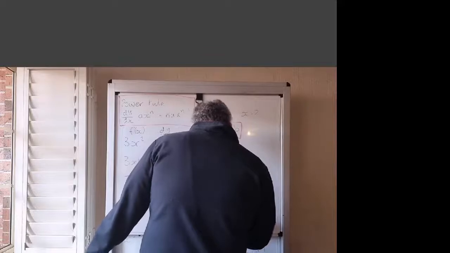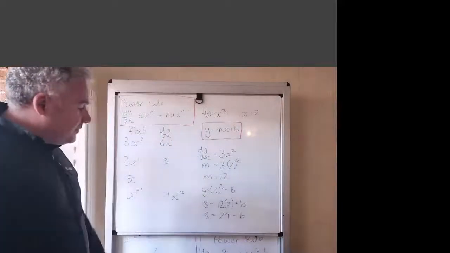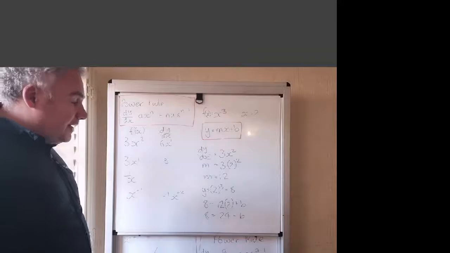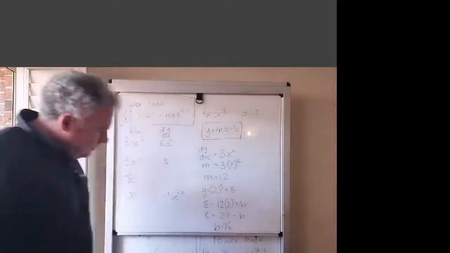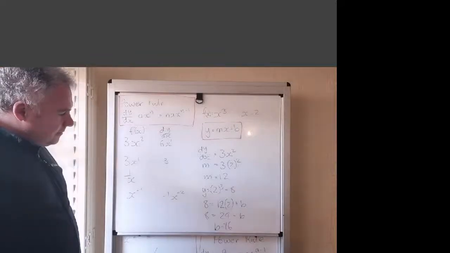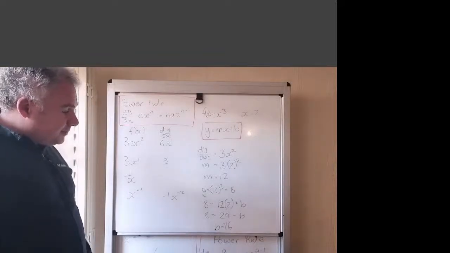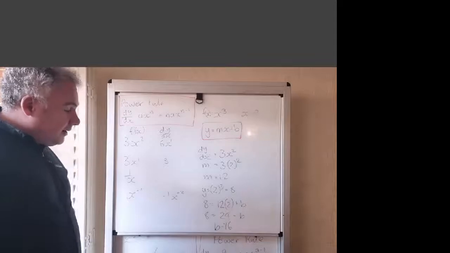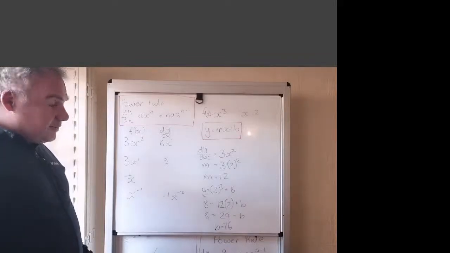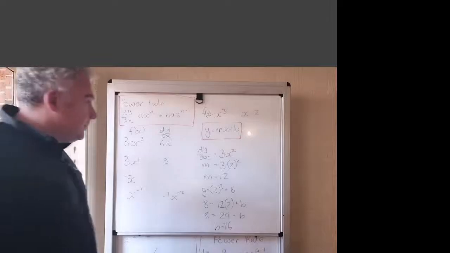So 8 equals 24 minus b. So with 8 equals 24 minus b, b equals negative 16. Okay, so y equals mx plus b. B has to be a negative number, and 8 equals 24 minus 16. So your b is minus 16.